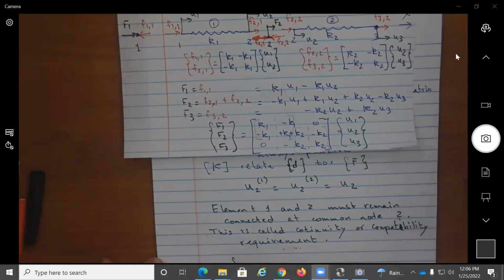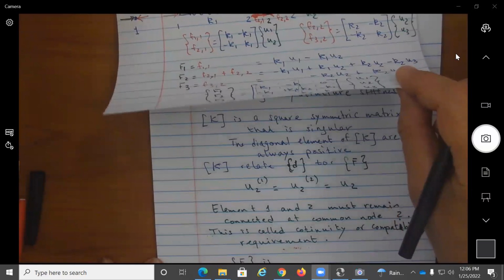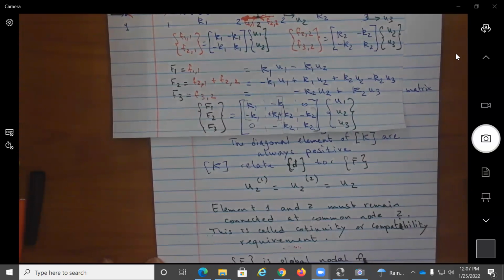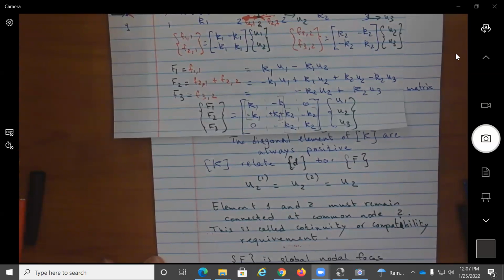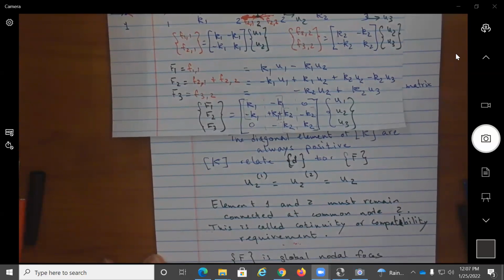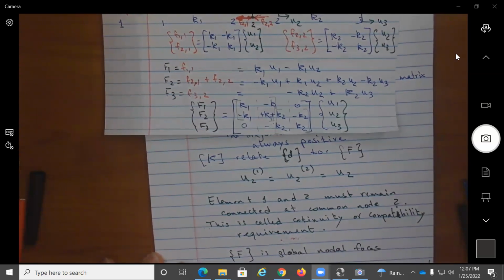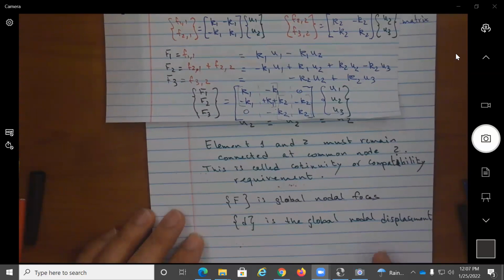I think I didn't say that, but F is, I think we said that, global nodal forces, right? F is the global nodal forces. D is the global nodal displacement. And of course, again, here, global is the same as the local.